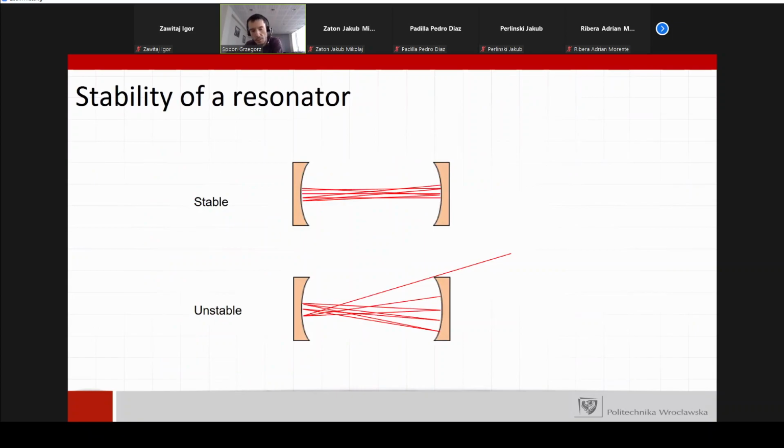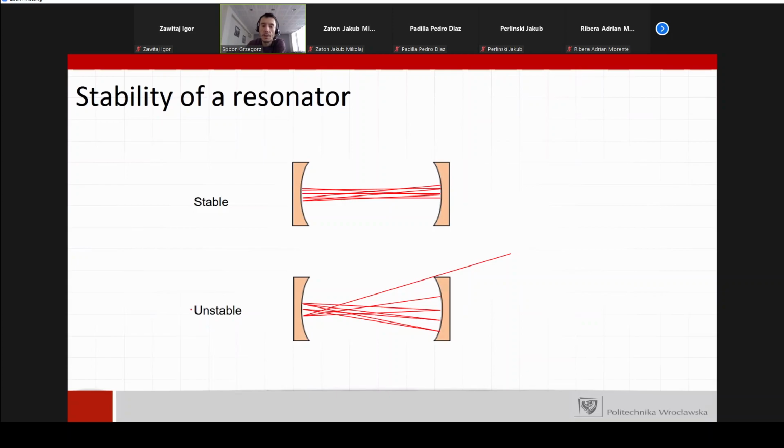So now we switch to also some basics on the stability of the resonator. There exist some criteria to define if the resonator is stable or unstable.